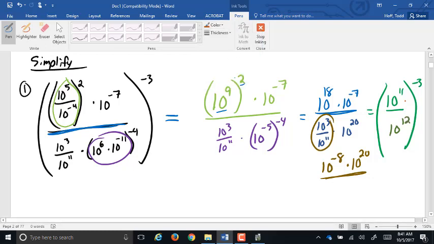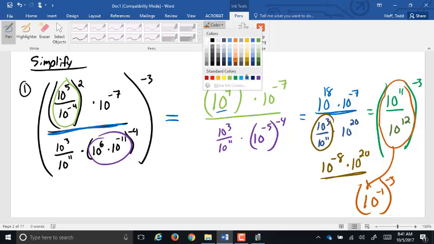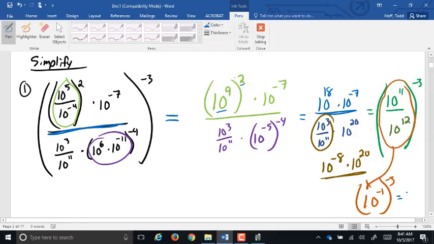So now at this point, we're dividing 10 to the 11th divided by 10 to the 12th. 10 to the negative 1 to the power of negative 3. Well, it's negative 1 times negative 3, which is 3.